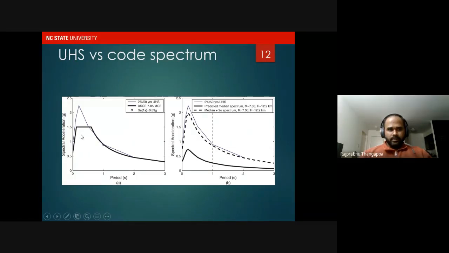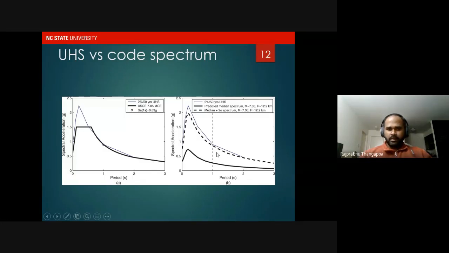So you can see that the uniform hazard spectrum is not equivalent to the design spectrum, because when constructing the design spectrum, the codes just make use of these hazard maps that are a result of the probabilistic seismic hazard analysis performed at 0.2 seconds and 1 second. So these hazard maps result in specific ground motion values, which smoothens the uniform hazard spectrum.